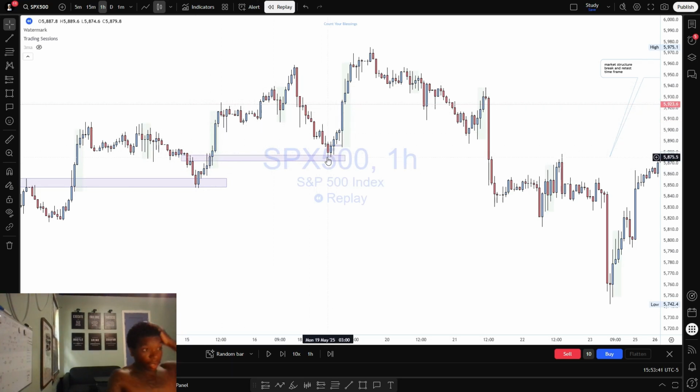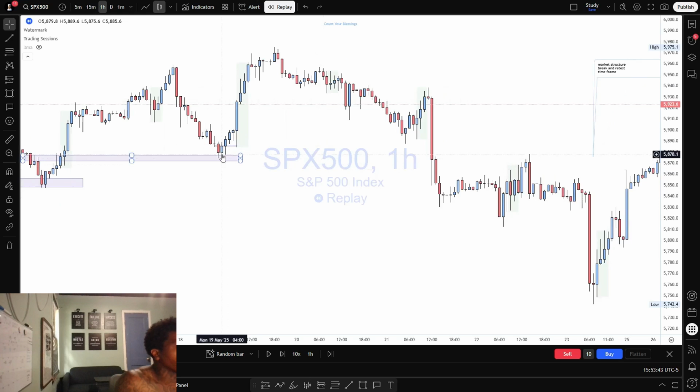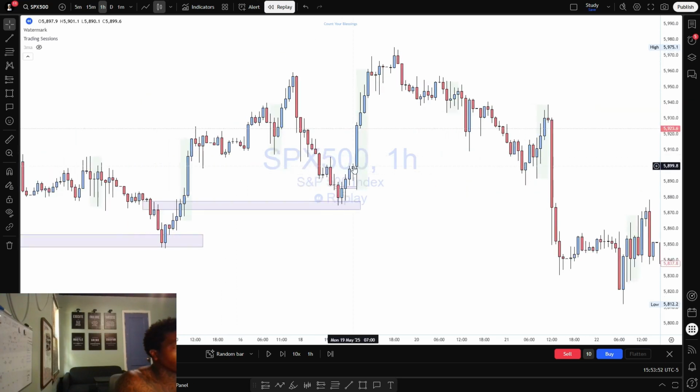Comes back, taps. Like I said again, those wicks. This is just one of those things where you see it in this area, and that confirmation just, you know, it's really those wicks, you know, price pushing away from it.